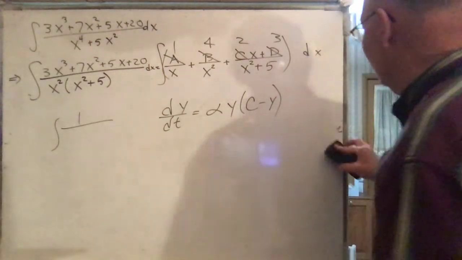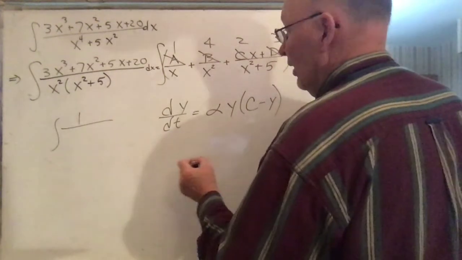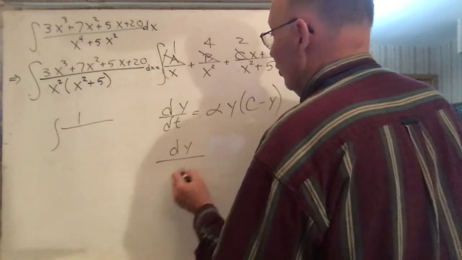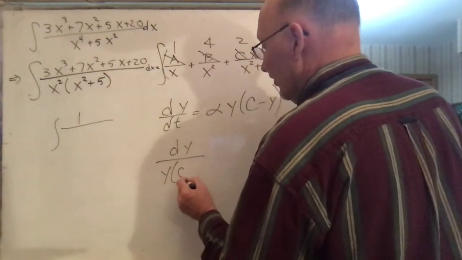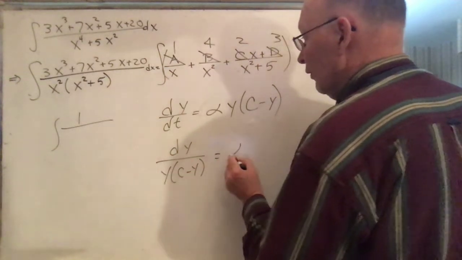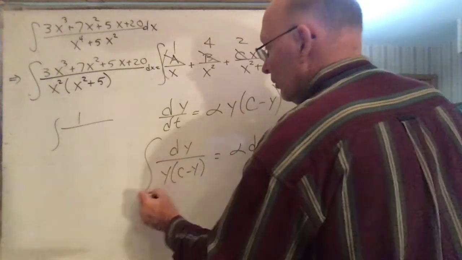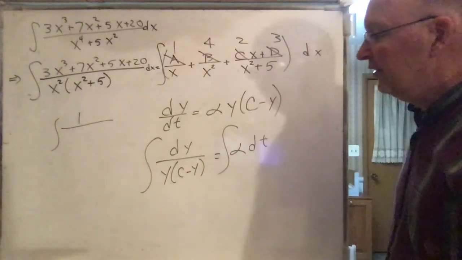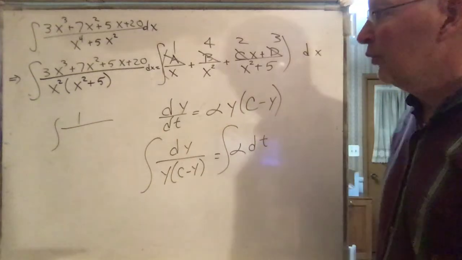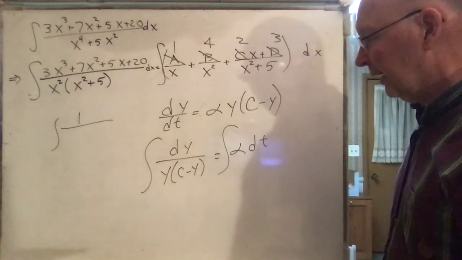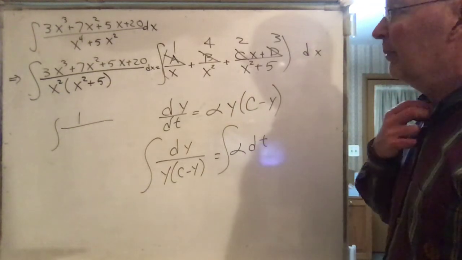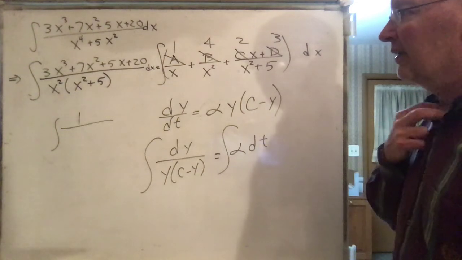I just did this in my differential equation class a couple days ago. So you get dy over y times c minus y is equal to alpha dt, and you take the antiderivative of both sides, and so there's a place where you're going to have to use partial fractions there. Okay? So it comes up quite a bit, and it's a nice, useful technique.